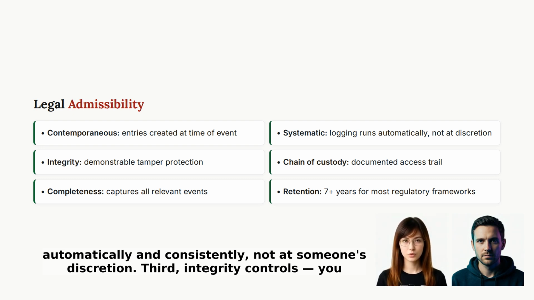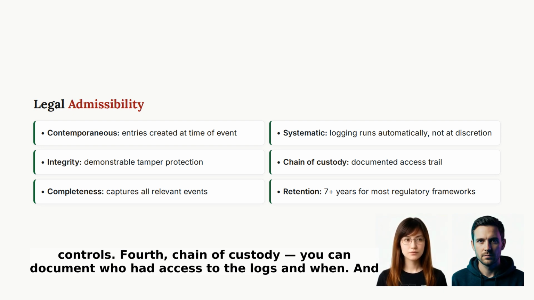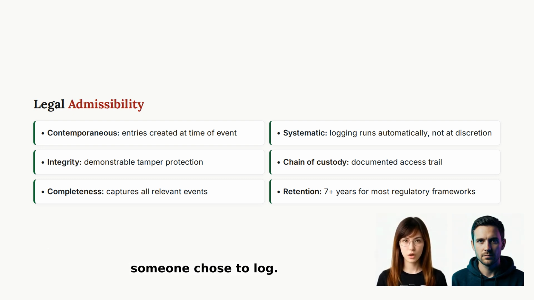Third, integrity controls. You can demonstrate the logs haven't been tampered with. Append-only storage, hash chains, access controls. Fourth, chain of custody. You can document who had access to the logs and when. And fifth, completeness. Evidence that the system captures all relevant events, not just the ones someone chose to log.